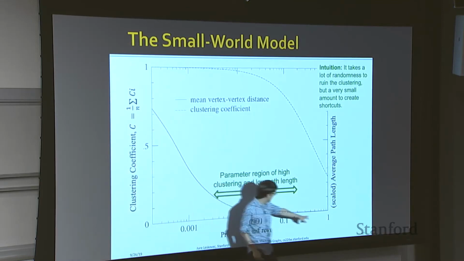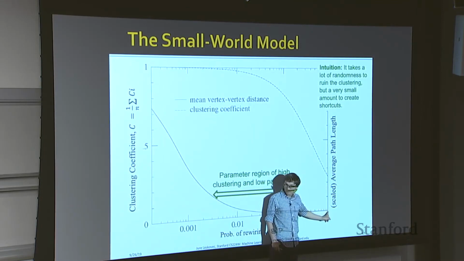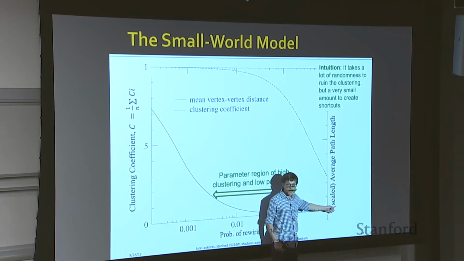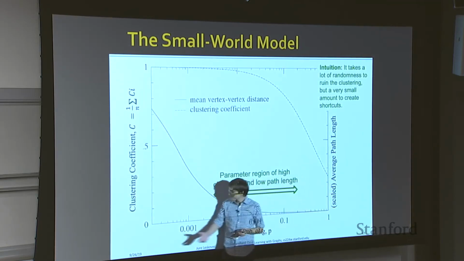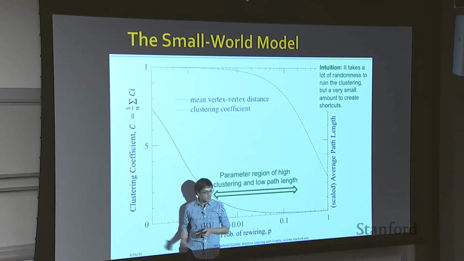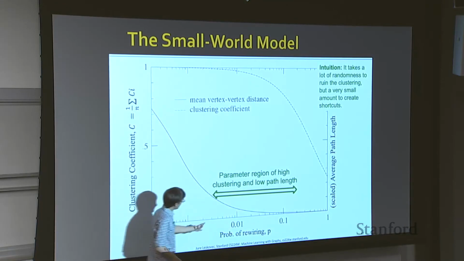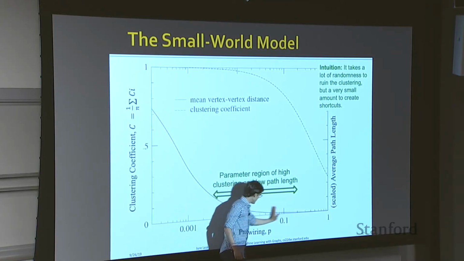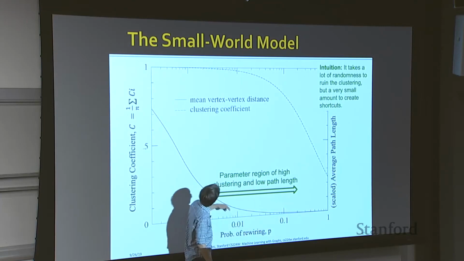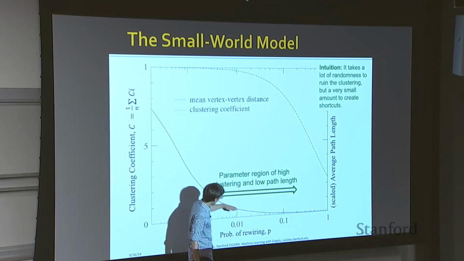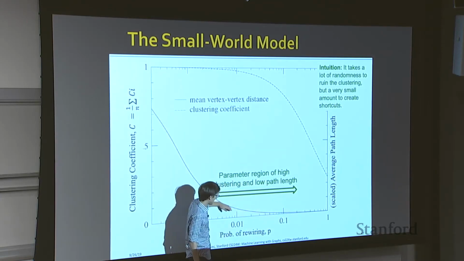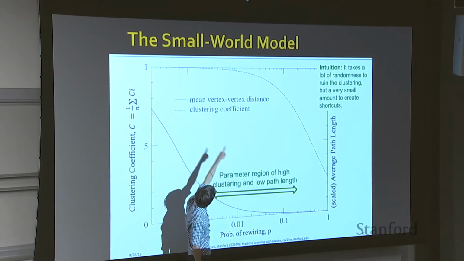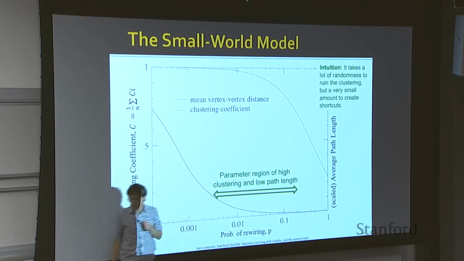When p is very large, we have low clustering and low diameter. This is a random graph. This is our circular lattice graph. But notice that in some parameter region here, we have both of them at the same time.